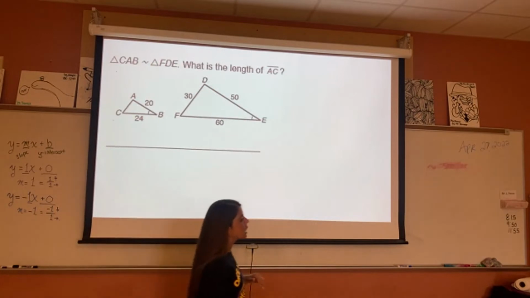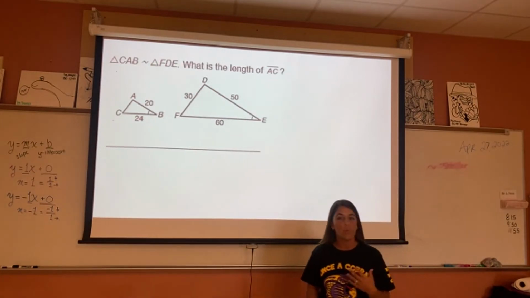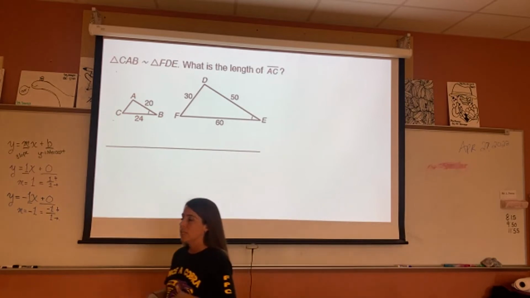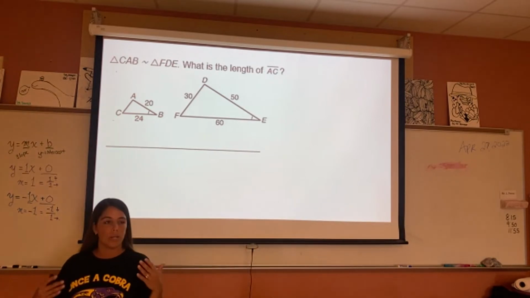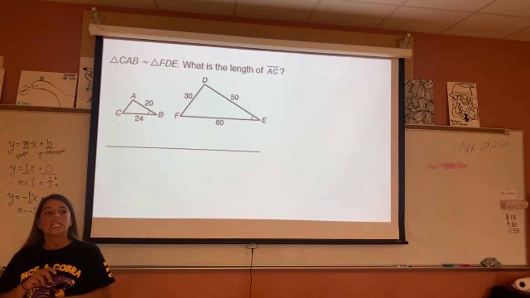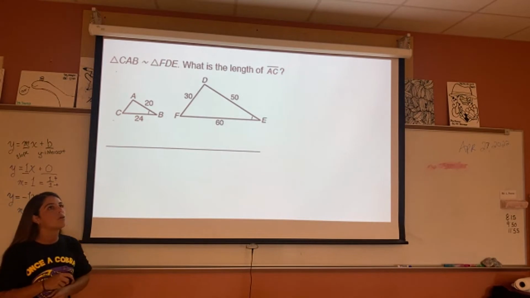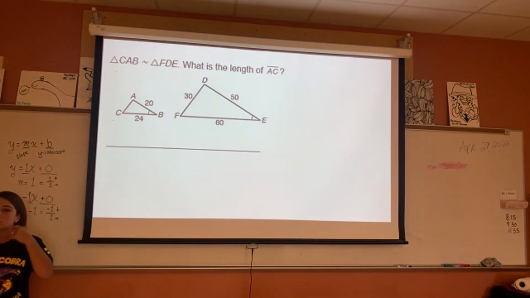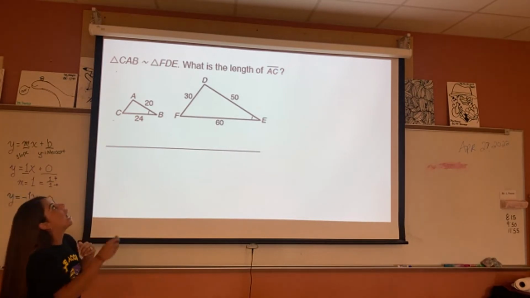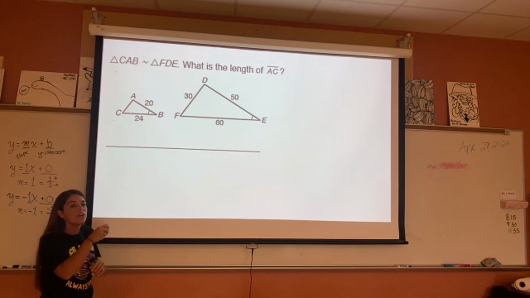Here, in this first example, we are trying to solve for our missing side. We want to solve for AC. To figure out sides, we know they're proportional, so we're just setting up proportions. The side I need to use is AC because that's what I'm solving for. To figure out AC's corresponding side, I'm going to look at this similarity statement here. A is my second letter, C is my first.